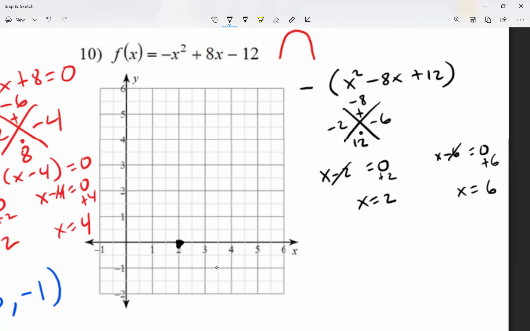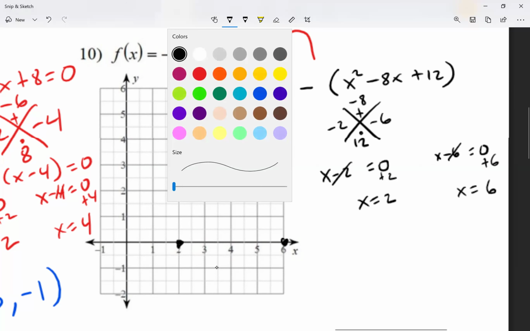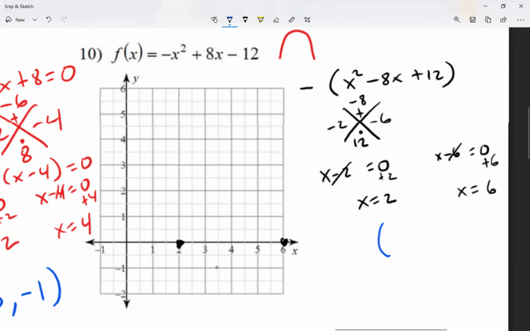So good, I got my two intercepts, 2 and 6. Now, what's the number that is right in between the 2 and the 6? Well, 4, right? So my vertex, the x value is 4.